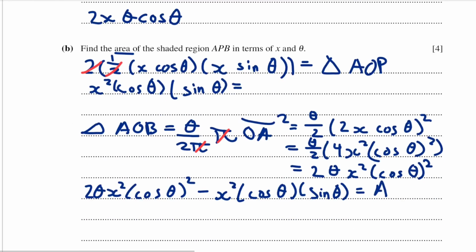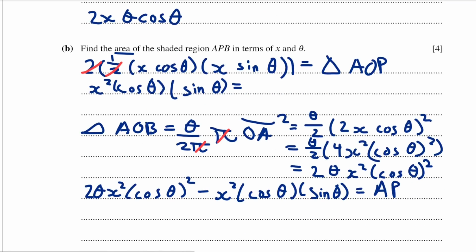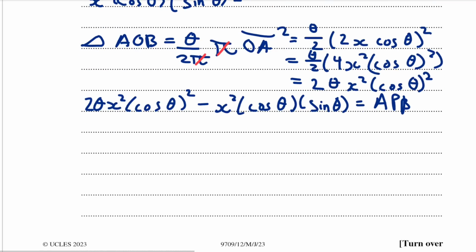Now we can take a common factor here. See that x squared is common in both of them, and one cosine of theta is also common. This has a squared, this has a 1 over here. So I'm just going to take the x squared outside.